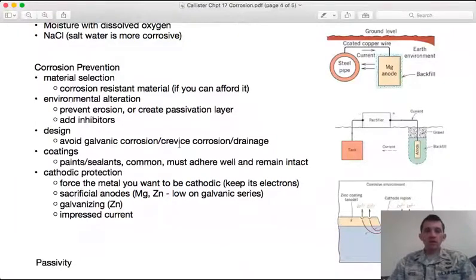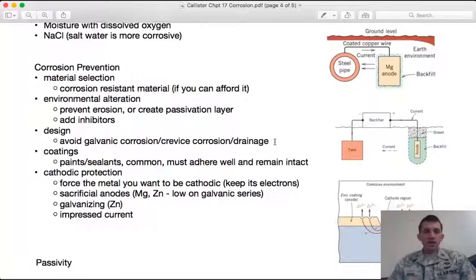The other would be to avoid having unions that provide crevices where you can set up these little corrosion cells, and then also avoid standing water. So if you have a system that gets wet, make sure that you provide holes for drainage so that it can dry out.